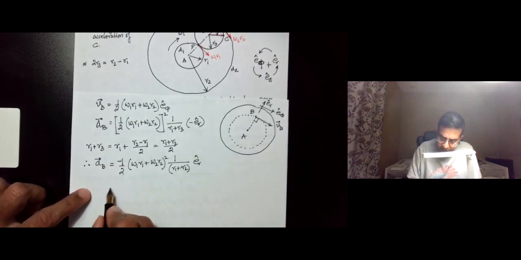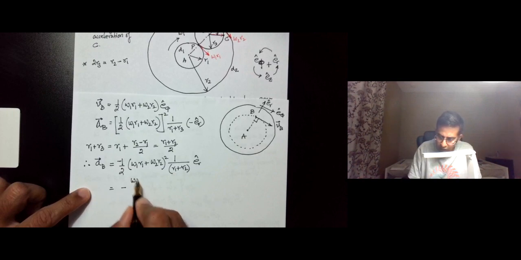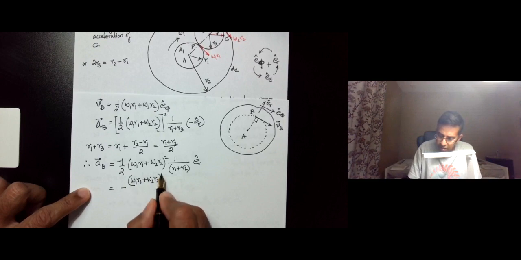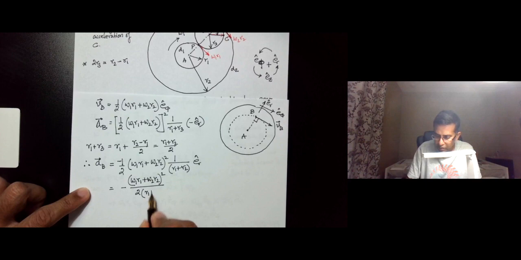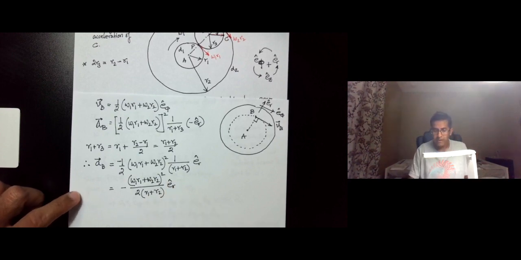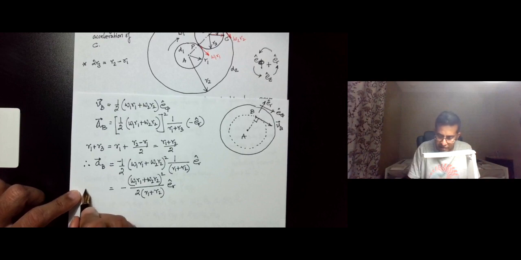Let me write it in a more compact way. It is negative of (omega 1 R1 plus omega 2 R2) whole squared, divided by 2 times (R1 plus R2), ER. So that's the acceleration of B.